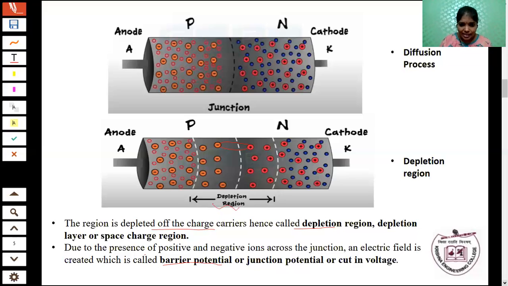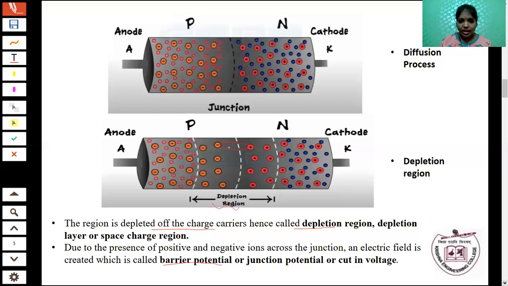Due to the presence of negative and positive immobile ions across the junction, the electrical field is created between these two ions. So it acts as the potential barrier, junction barrier, or cut-in voltage. This is the working of the PN junction diode under the unbiased condition.